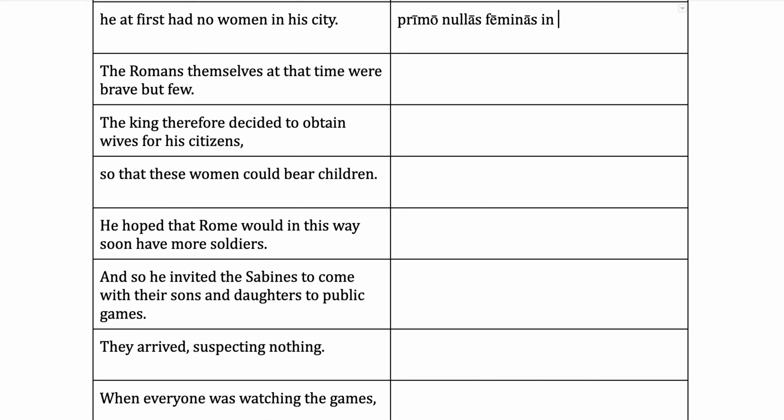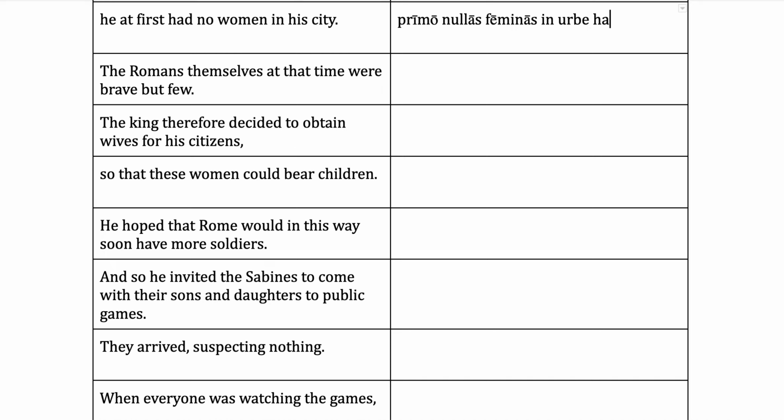Then we can do in the city. So in is in plus ablative. City is urbs, urbis. And here we want the ablative. So since it's a third declension noun, the ablative is urbe. And then he had, here we can use the imperfect tense because we're talking about a general situation over a period of time rather than a one-off event.